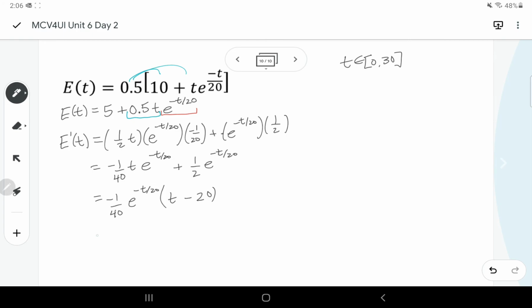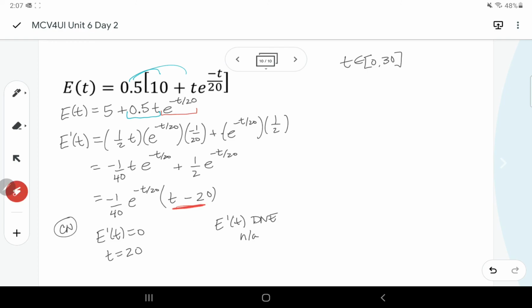Now I want to know when e prime at t equals 0 for my critical numbers, or when the derivative does not exist. And there aren't any restrictions on my derivative. This is a continuous function for all values of t. It would equal 0 though when t equals 20. Note that that comes just from inside the bracket.